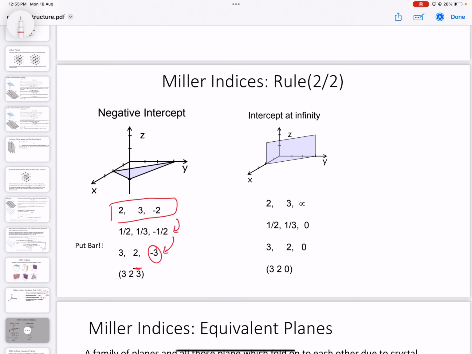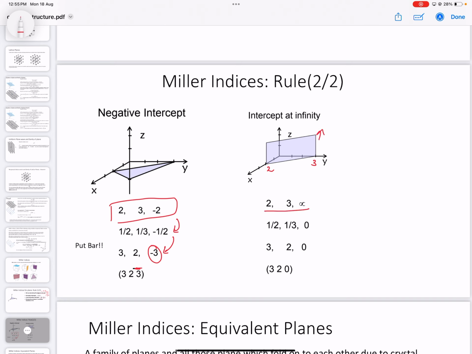Right? And if a plane doesn't intercept, that means it intercepts at infinity, right? It's like a mathematical abstraction. Where do the parallel lines meet? At infinity. Okay. So let us say it is intercepting here 2 and it is intercepting here 3, and on the z direction it is not intercepting at all.